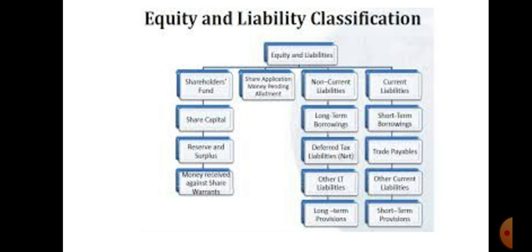Then the next item under application of funds is investments, which represents assets that are held for earning income by way of dividend, interest and rentals, capital appreciation and other benefits. In simple terms, investment refers to deployment of surplus funds for earning income, commonly known as non-operating income. Some of the examples are that a company may diversify into other lines of business through investments in associate companies, joint ventures, subsidiary companies, etc.